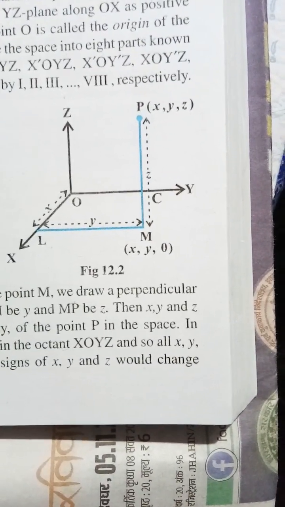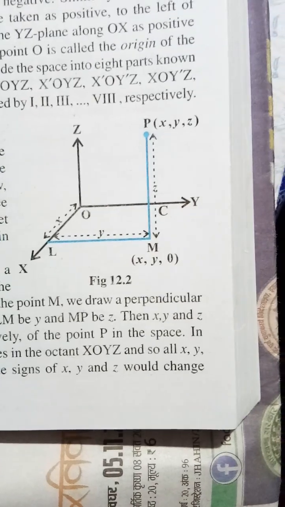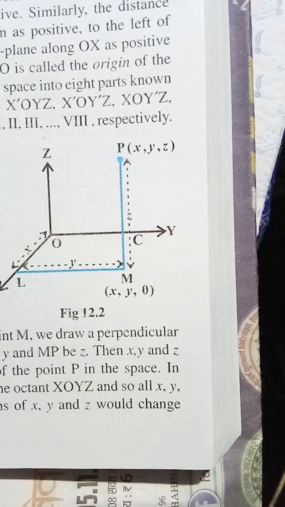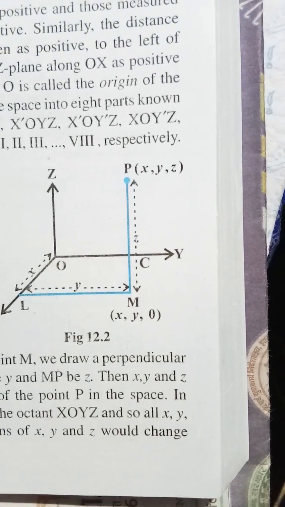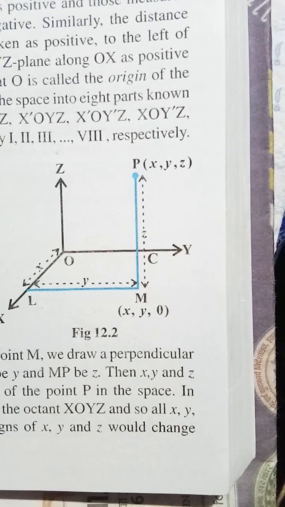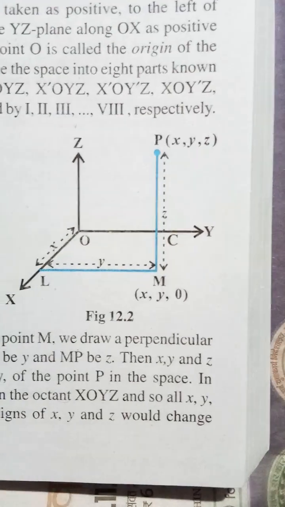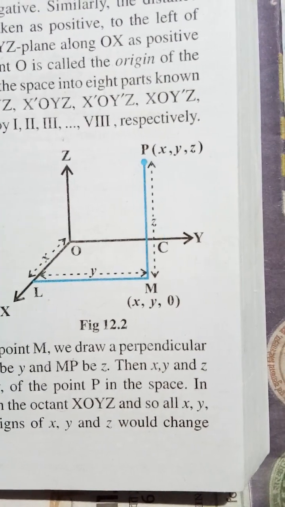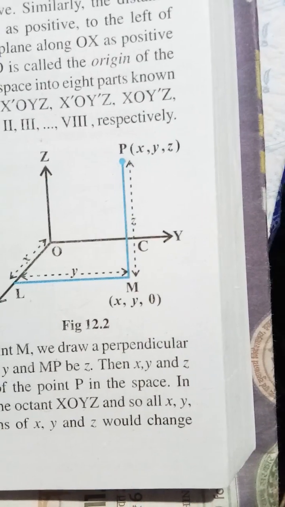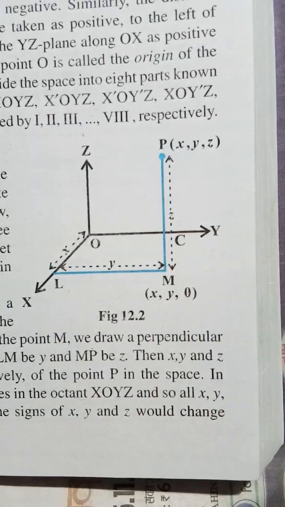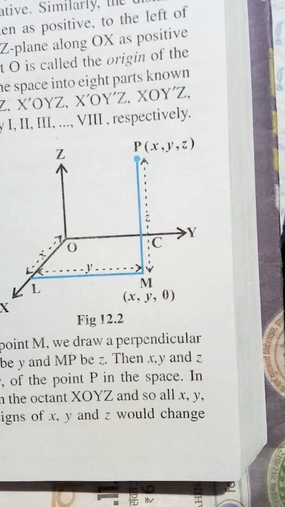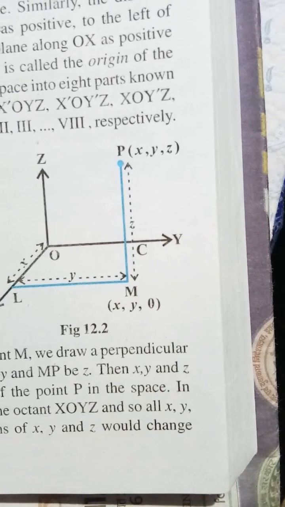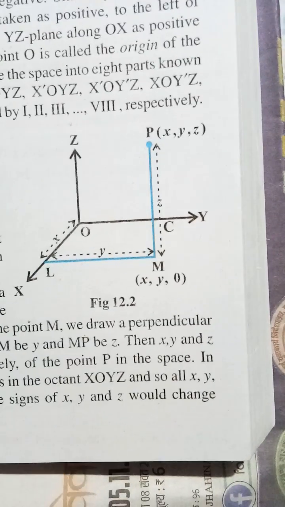Having chosen a fixed coordinate system in the space consisting of coordinate axes, coordinate planes and the origin, we now explain how, given a point in the space, we associate with it three coordinates x, y, z, and conversely, given a triplet of three numbers x, y, z, how we locate a point in the space.